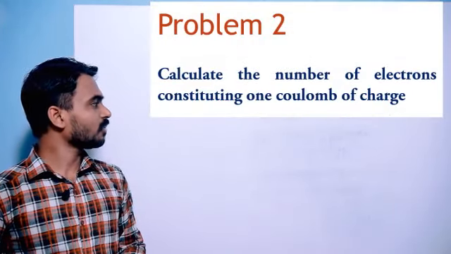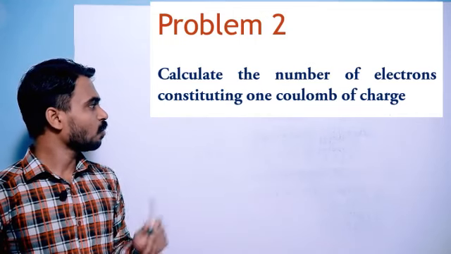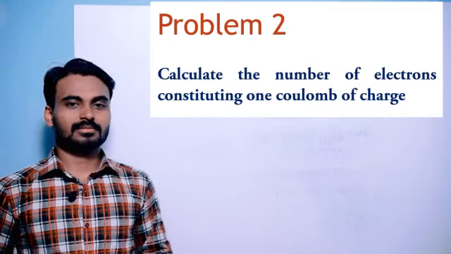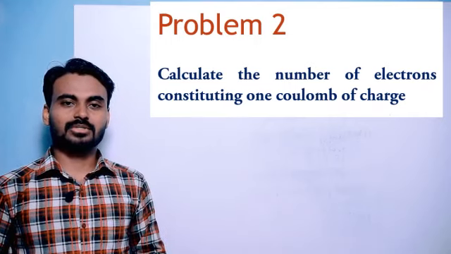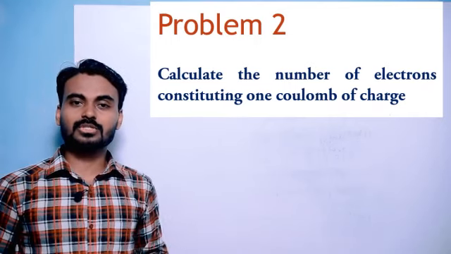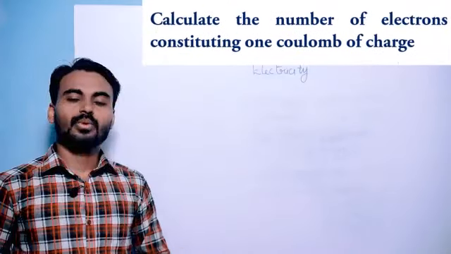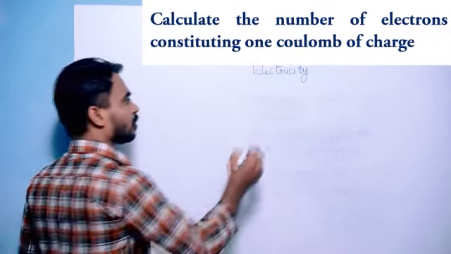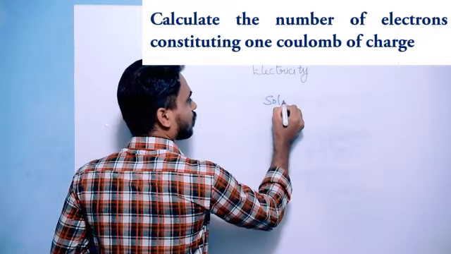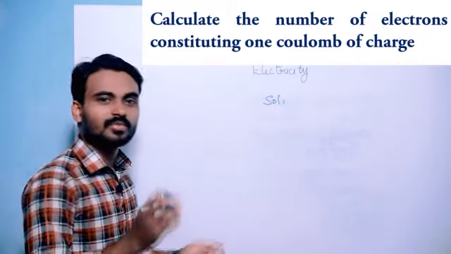Calculate the number of electrons constituting 1 coulomb of charge. Just one line, only one line is the question. Calculate the number of electrons constituting 1 coulomb of charge. Just look, we are going to solve this problem. For that, first you should write solution. Then what all things is given in this question?